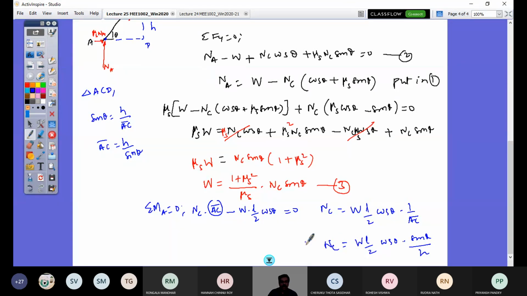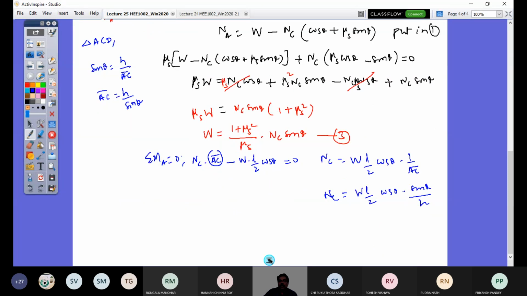Let me write this in terms of W. So that's going to be 2 times NC into H divided by L cos theta sin theta. So that is equation 4.